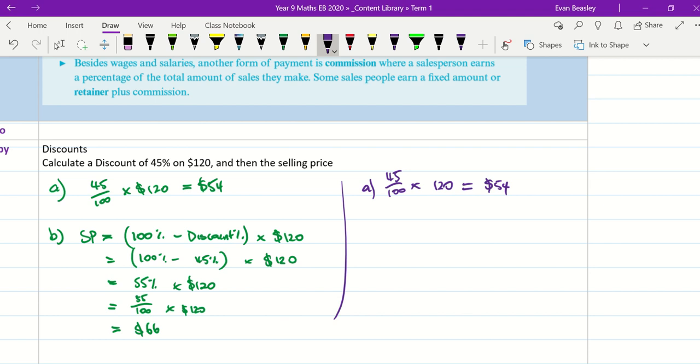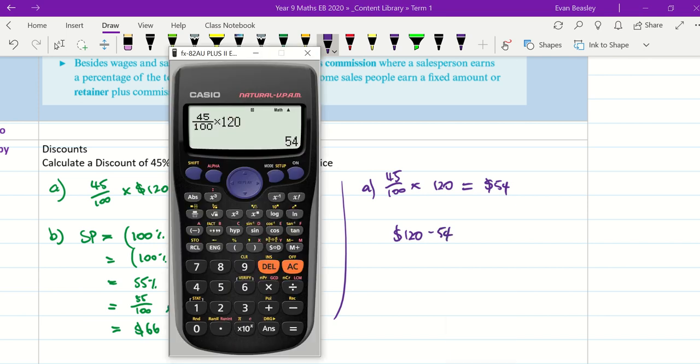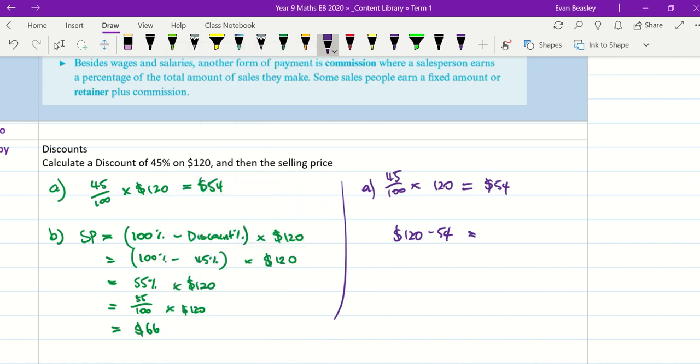So the total amount of money that they take off the selling price is $54. Now I could just say the selling price equals $120, take $54, and let's do that. So $120, take $54. That's going to get you $66.